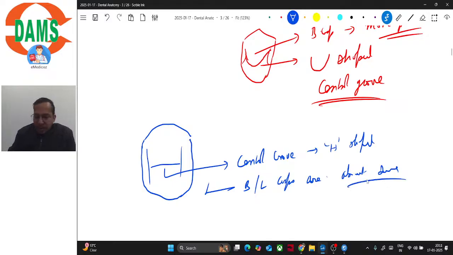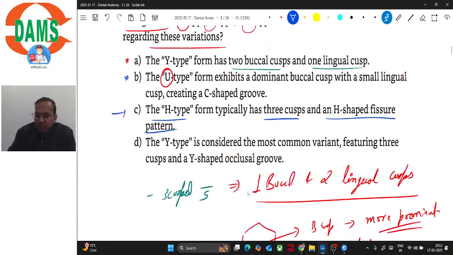And as you can see, there is just one buccal and one lingual cusp. So there are not three cusps, but just two cusps. So option C is also incorrect.